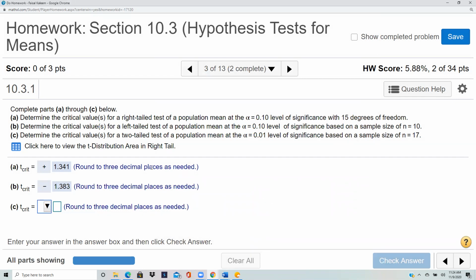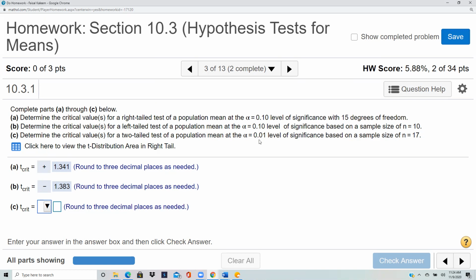And then the critical value for a two-tail test. Now remember, two-tail we work slightly differently. Instead of putting these alphas in the tails, which we do for right and left tail, in two-tail we know that the total tail area is 0.01. So the in-between area would be 0.99.